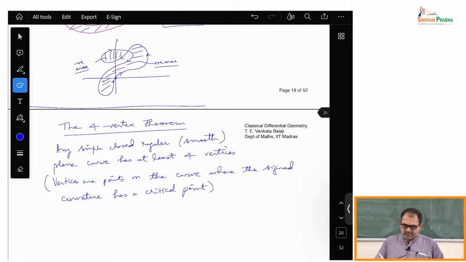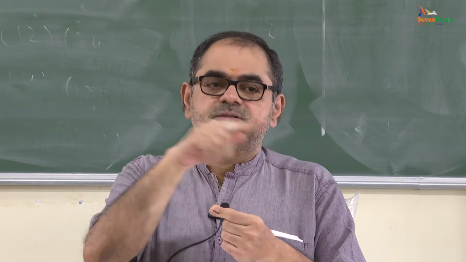What you can imagine is that the curve is a closed curve. That means it starts from some point and comes back to that point. It is of course a simple curve, so it does not self-intersect, and it is of course a regular smooth curve, so that I can talk about curvature.